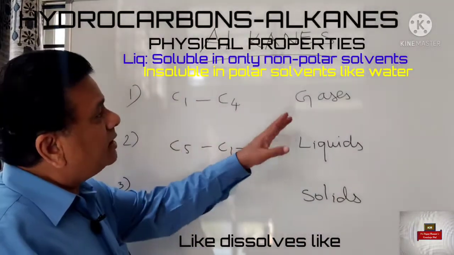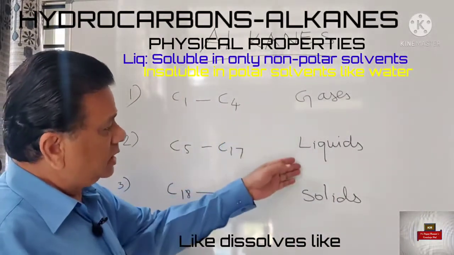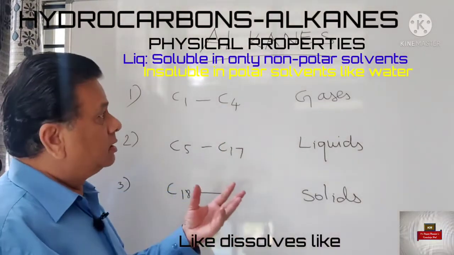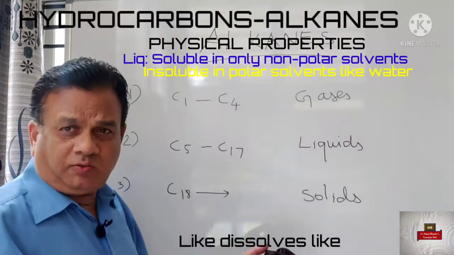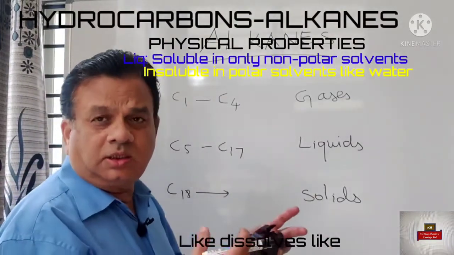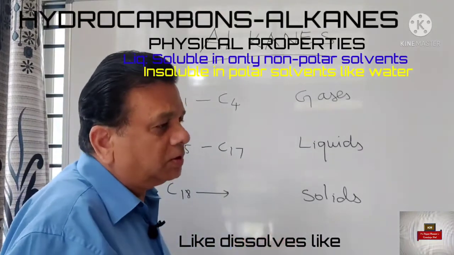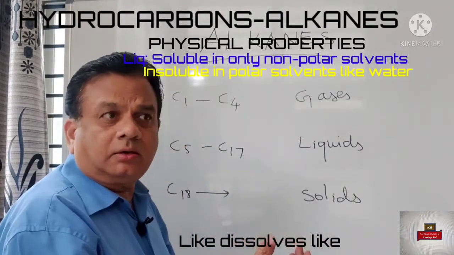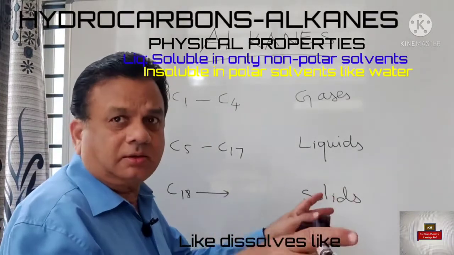Now why are these gases, these liquids, these solids? The gases, low members, they have very weak van der Waals forces between the molecules. So that's why you need little heat so that they will separate.